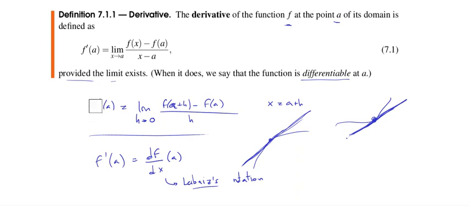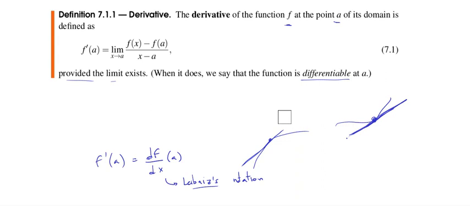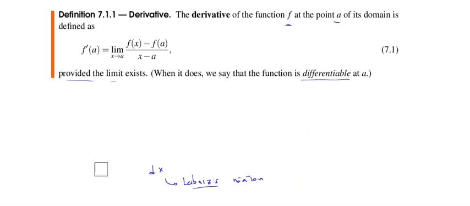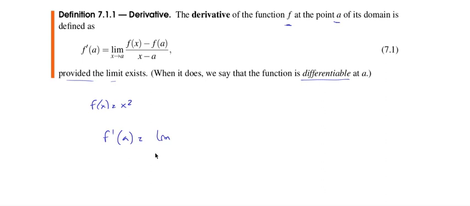Okay, so let's compute some derivatives to get some examples. Let's see what's the derivative of x squared. Well, f prime at a is the limit when h goes to 0 of f at a plus h minus f at a, divided by h.